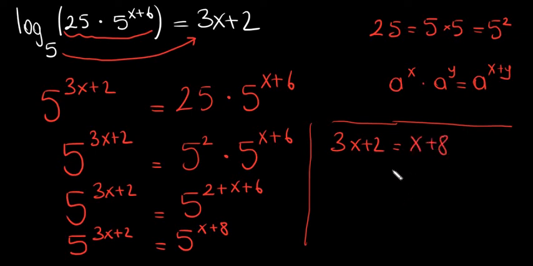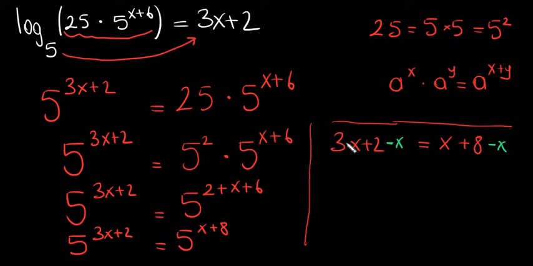Now, in order to get x here, I can move this positive x to the left, or I can subtract x from both sides. So let's leave a space here: x plus 8. And let's subtract x from both sides, so minus x and minus x.